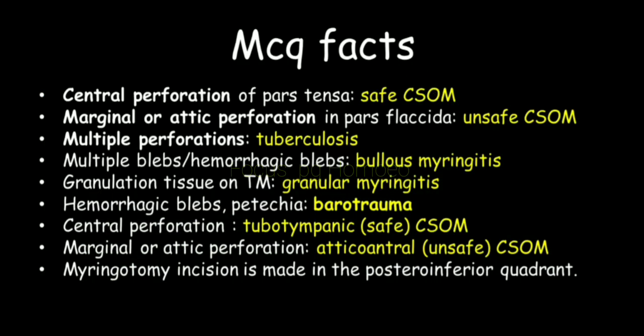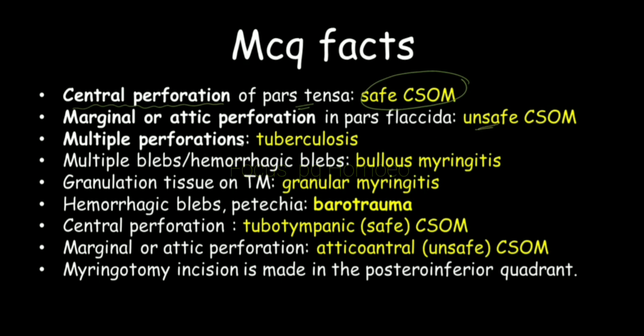Then come a few MCQ facts related to the external ear and tympanic membrane. If there is central perforation of pars tensa, it is called safe CSOM, that is chronic suppurative otitis media. If there is marginal or attic perforation in pars flaccida, it is unsafe CSOM.